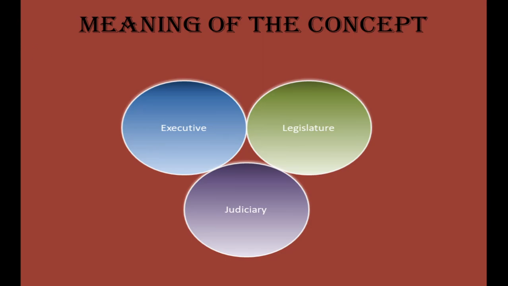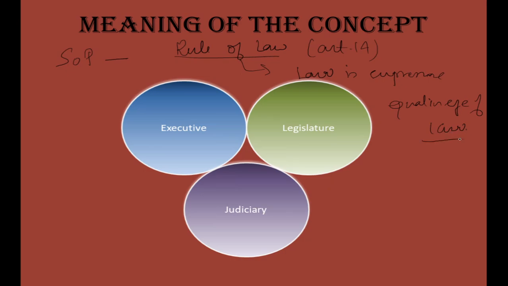Now before that, let's discuss some of the significance of separation of power. It ensures rule of law. I will discuss rule of law in detail when we discuss Article 14, but for now just know that law is supreme. So no one is above the law, everyone is equal in the eye of law. So unlike in the days of kings where the kings were supreme, now the law is supreme.